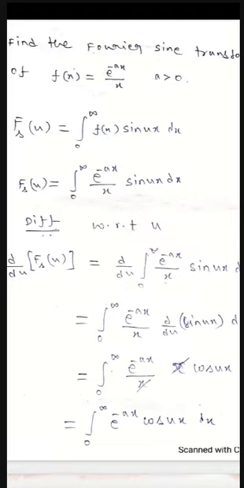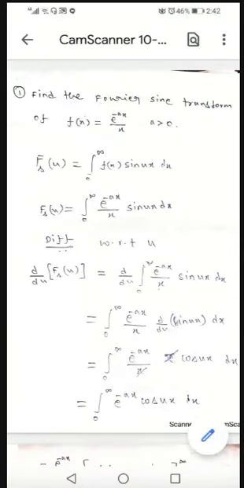Three functions are here, so I'm applying a different kind of method, differentiation under the integral sign. You know this method from first semester, I think. In integrations, you have studied differentiation under the integral sign. So to integrate three functions, we usually apply this method.